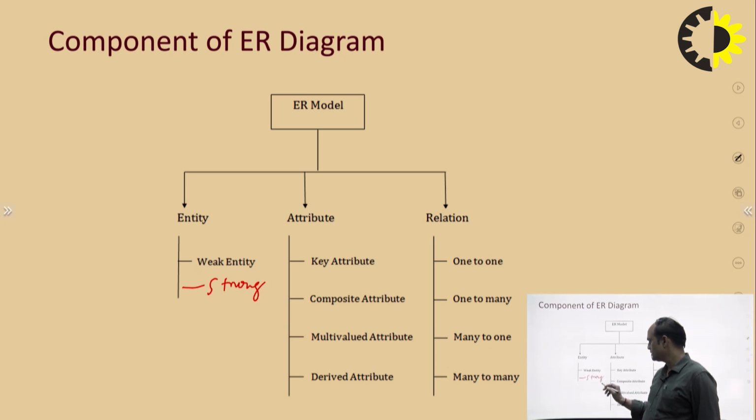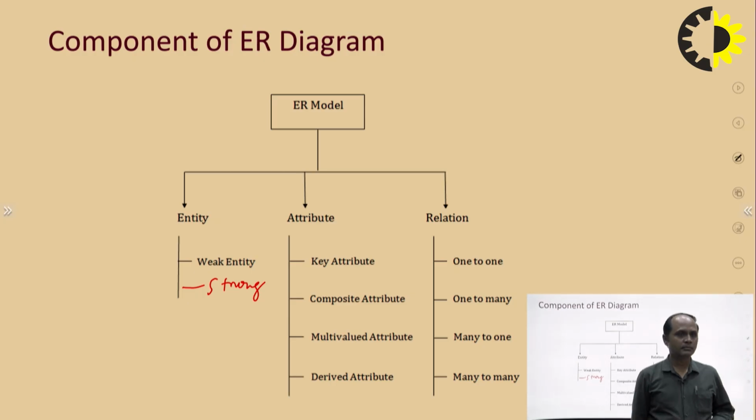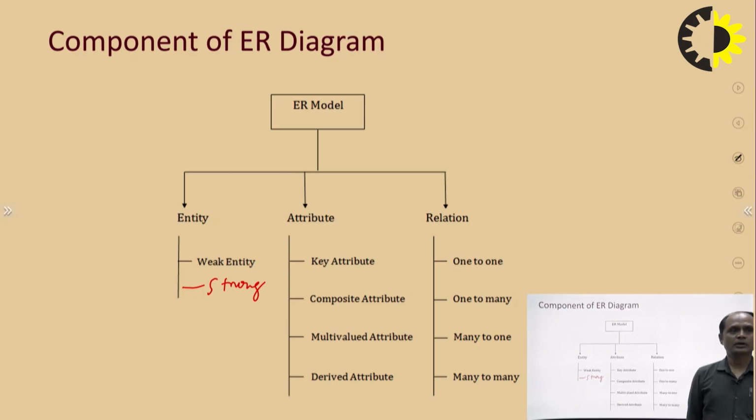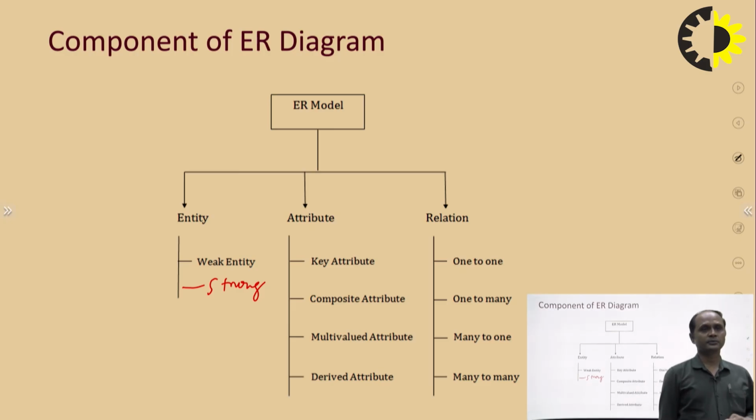Strong entity means an entity that is easily understandable, that can exist in an environment. In the weak entity, we are not sure whether that particular thing is an entity, a relation, or an attribute. In that case, we draw it as a weak entity.